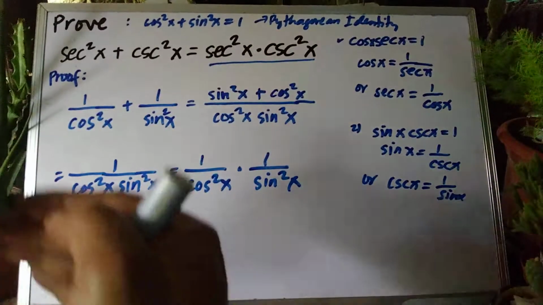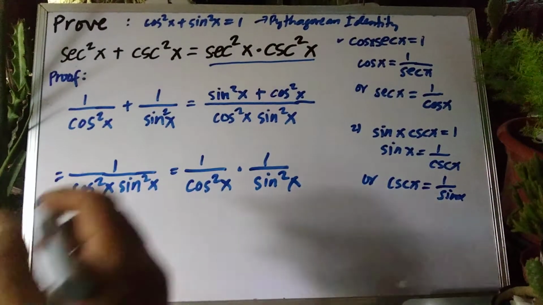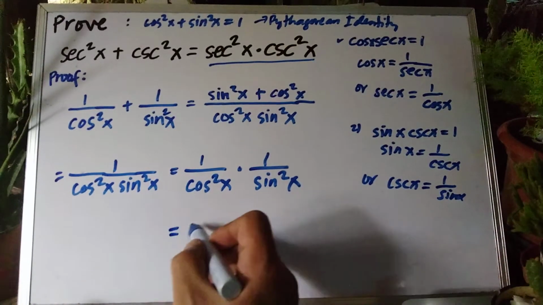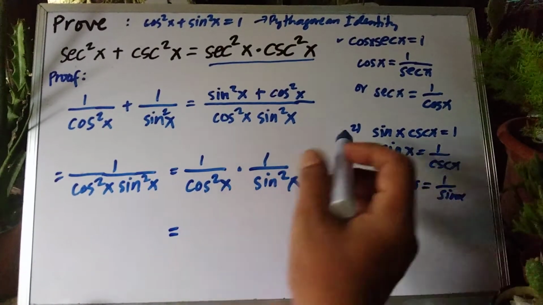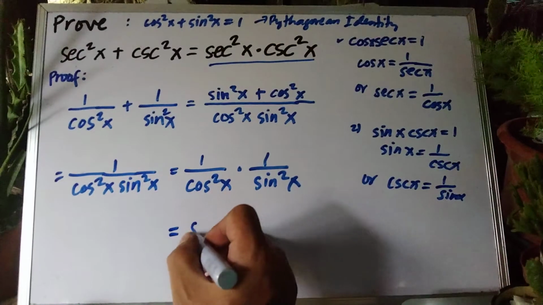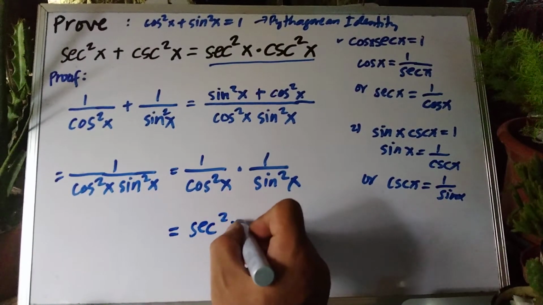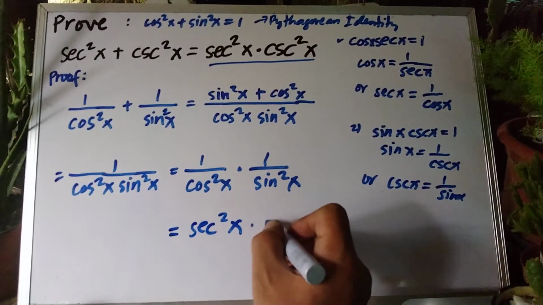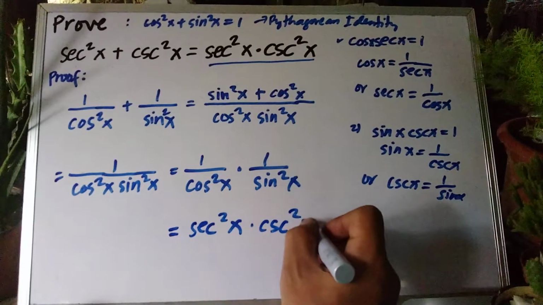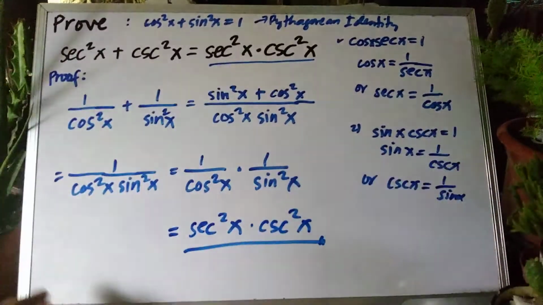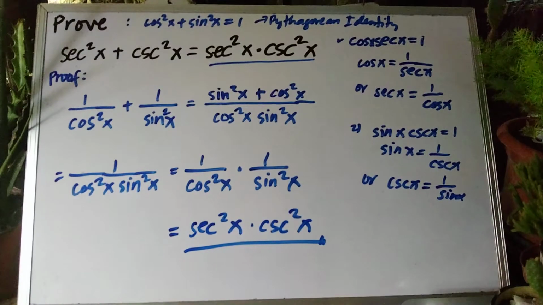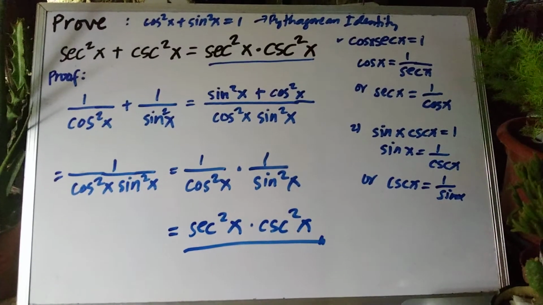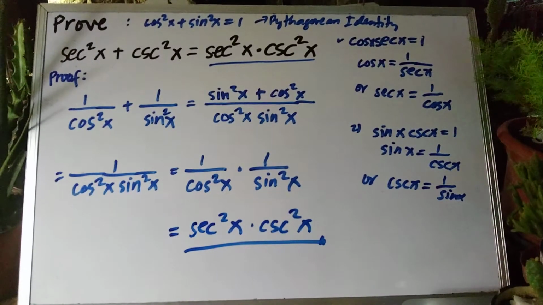Now, using again the reciprocal identity, 1 over cosine squared is just simply equivalent to secant squared x times cosecant squared x. Simple as that. Now, we're through. Okay?